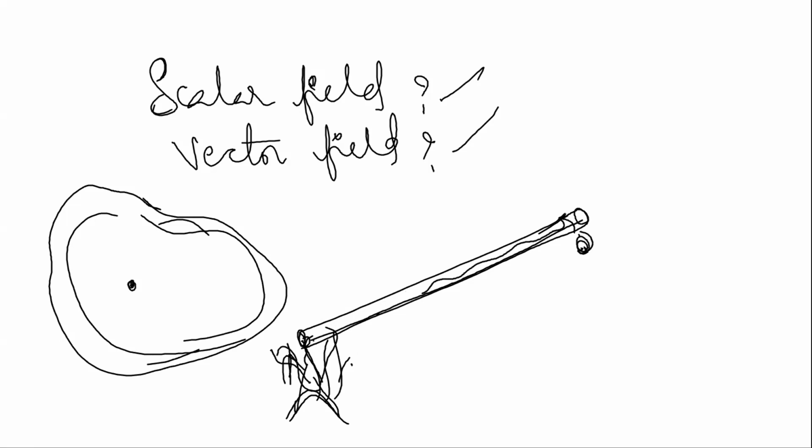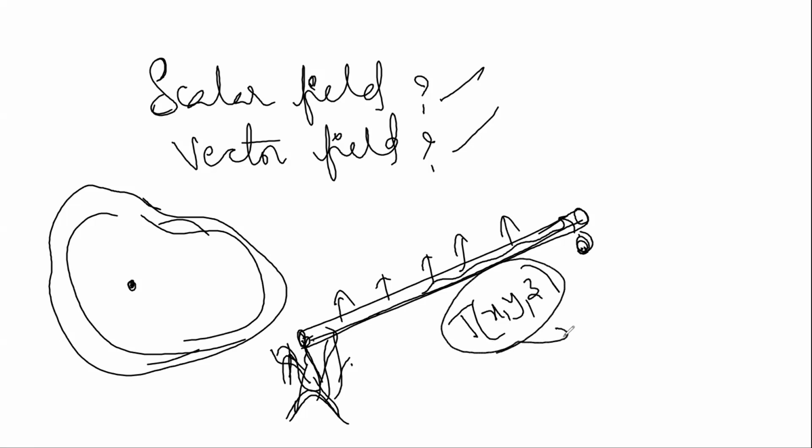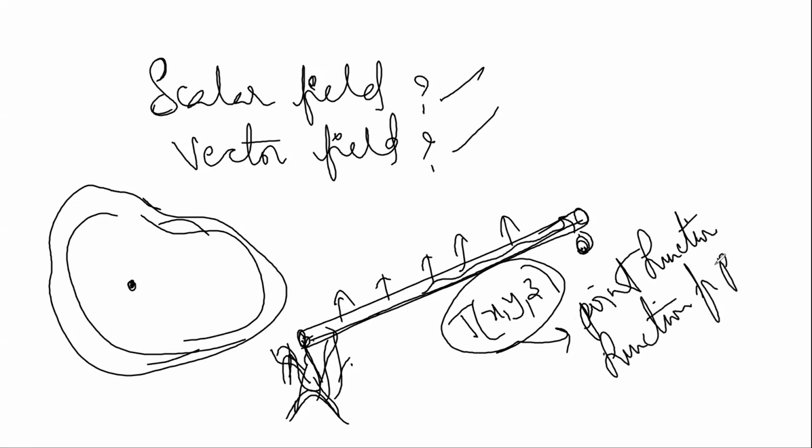Then this physical quantity, temperature at any point here or here, can be expressed as T of x comma y comma z. Such a function is termed as a point function or function of position.